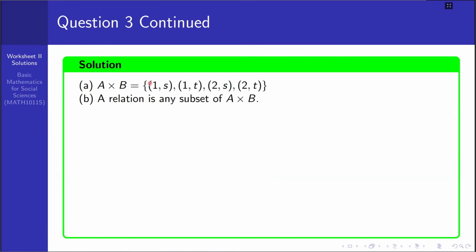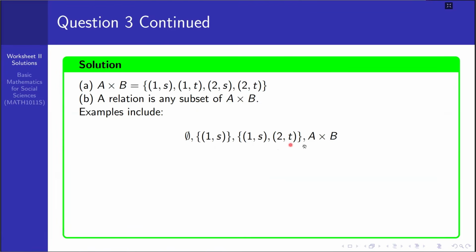The relation containing only 1S or 1T, 2S, either of these or a combination of two, or a combination of three, or the set itself, that is A cross B, could be a relation defined from A into B. Since the empty set is a subset of any set, we have the empty set, the set containing only the first element 1S, the set containing 1S and 2T, the set containing 1S, 1T and 2S, or the set containing 1T and 2S.